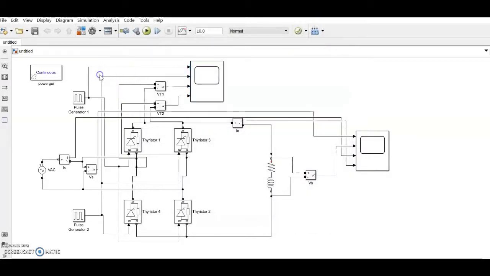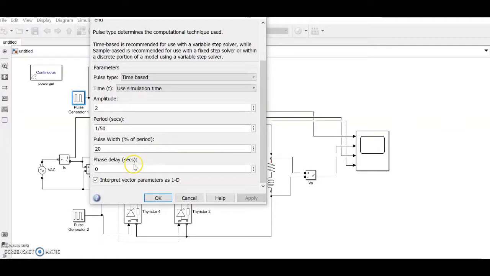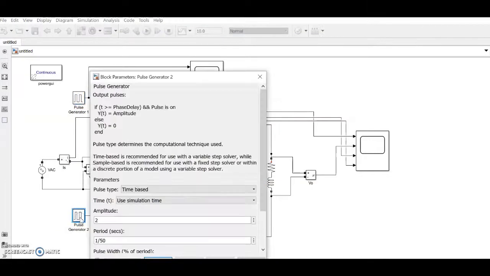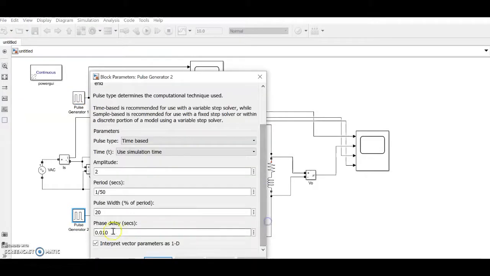Now we will see if we delay it by some phase delay. Let us give some phase delay as say 0.03. Once pulse generator 1 is delayed, pulse generator 2 also has to be delayed by the same amount from the very starting.